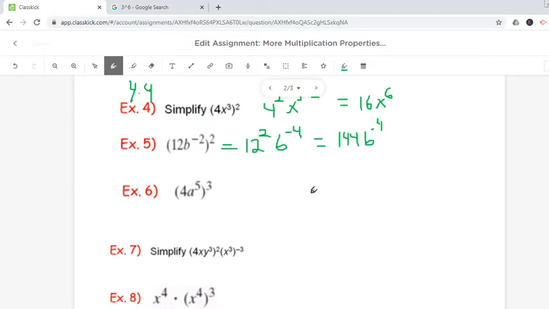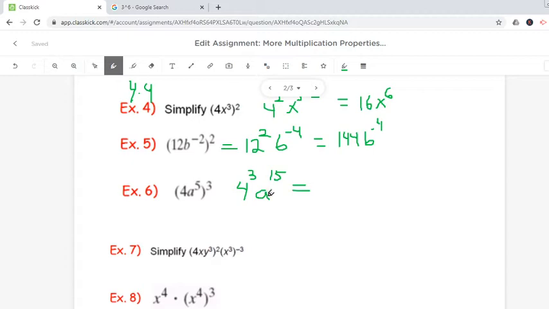Okay. I'll do this one now. So we have an exponent outside of the parentheses. So it'd be 4 cubed, and then we multiply because 3 is outside. So 5 times 3 is 15.